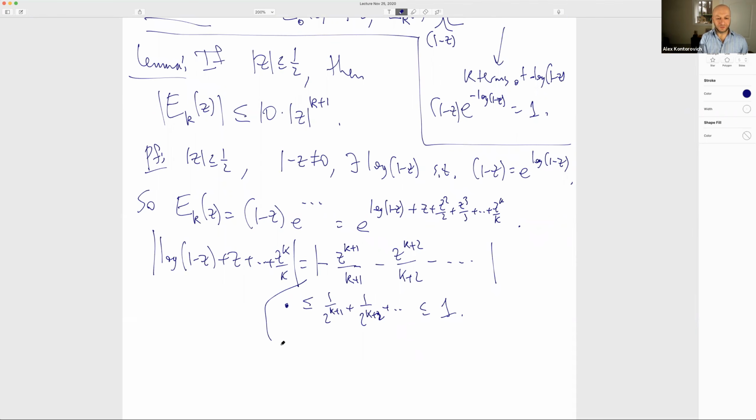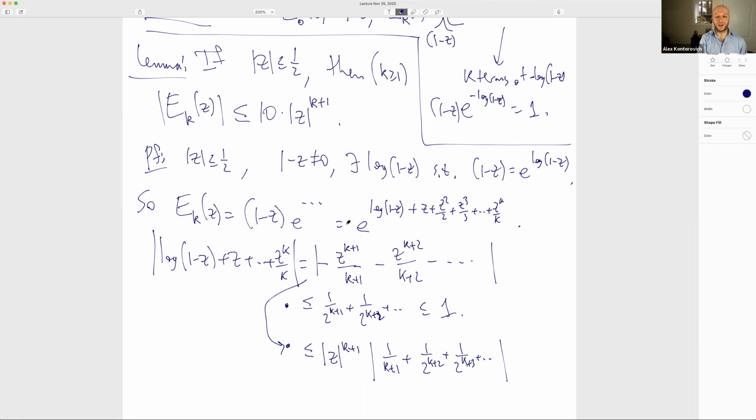Another estimate, slightly less crudely, is that we can pull out a factor of z to the k plus 1. And then we're left with 1 over k plus 1 plus 1 over 2 to the k plus 2 plus 1 over 2 to the k plus 3, and so on. This is for k at least 1.